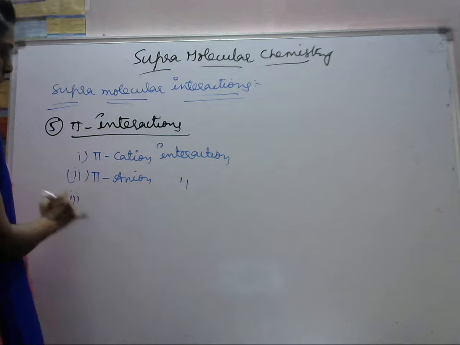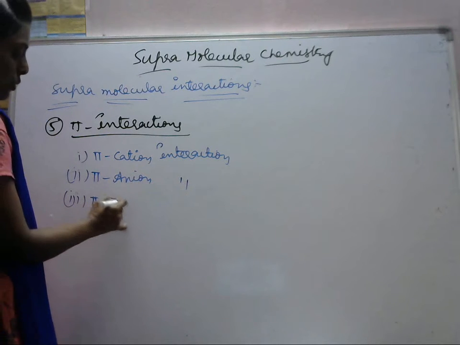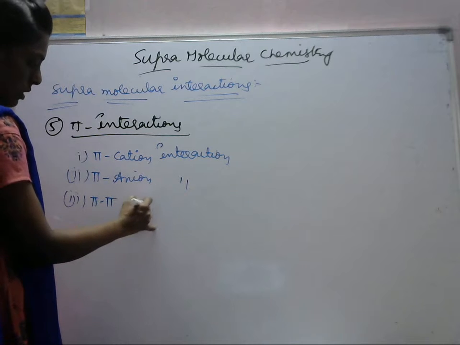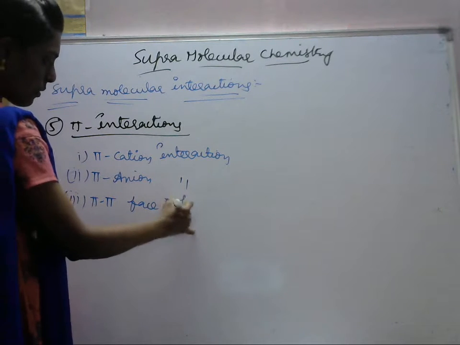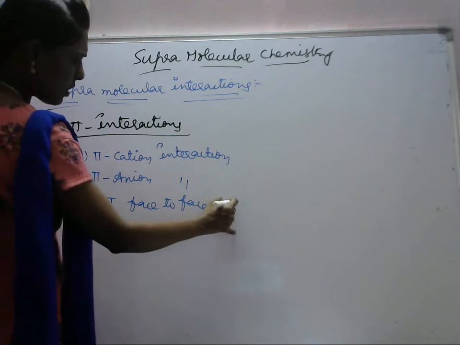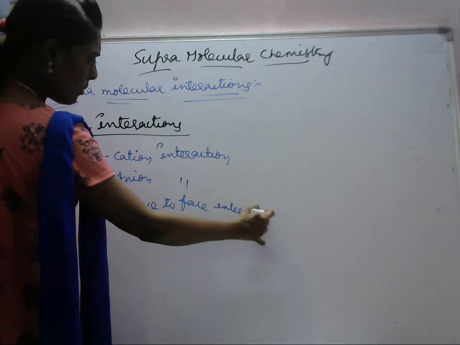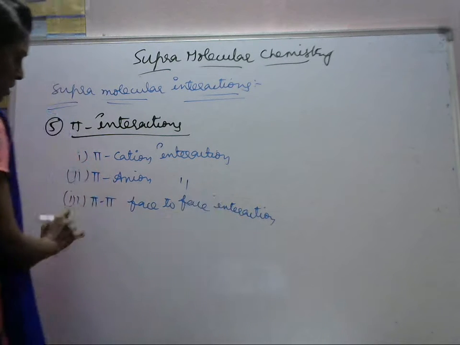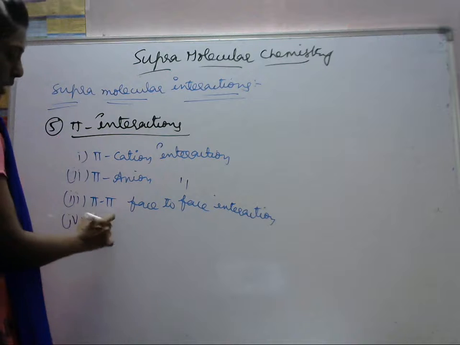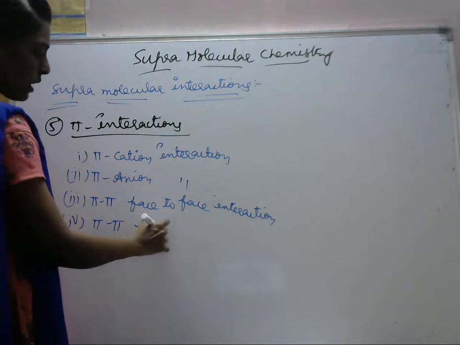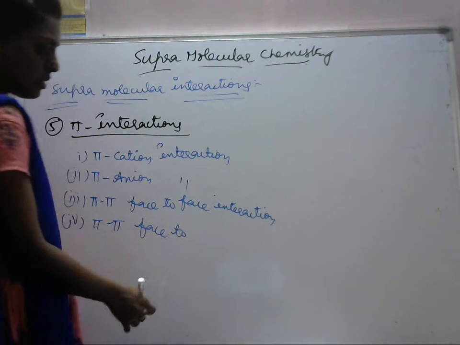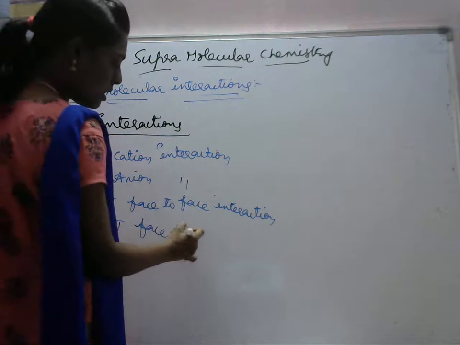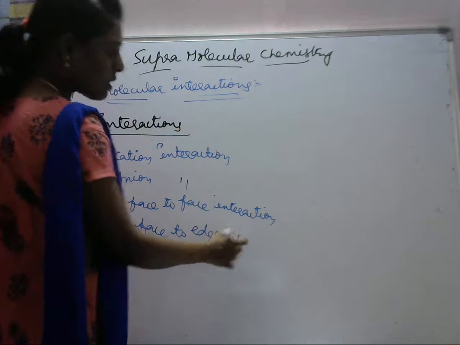The third one is pi to pi face to face interaction, and the fourth one is pi to pi face to edge, or you can call it side. We can call it edge or side.